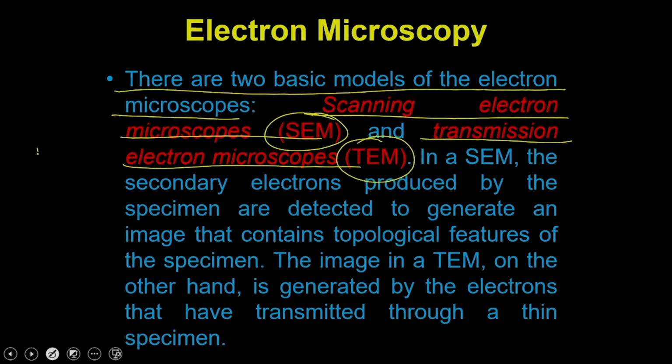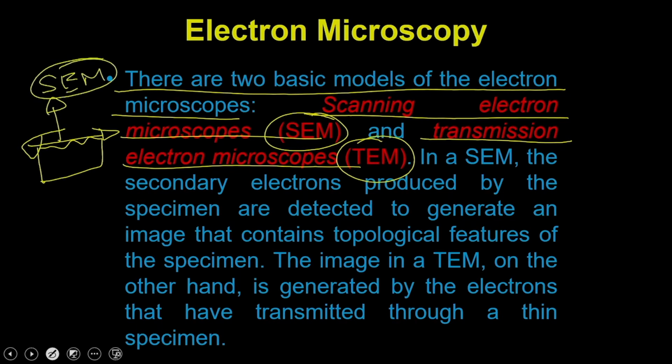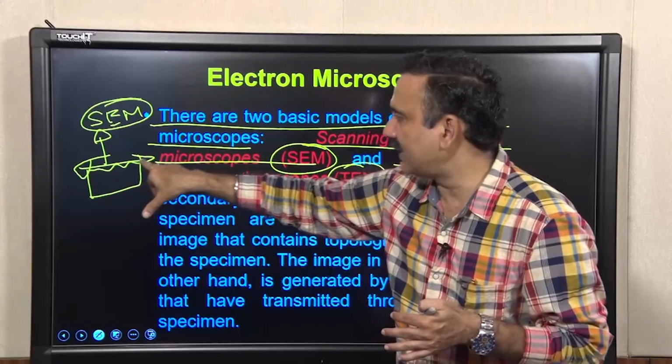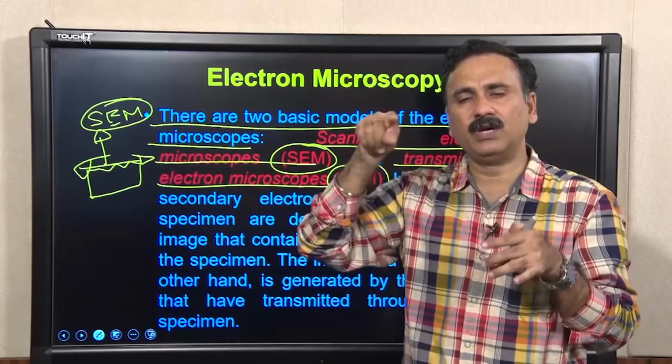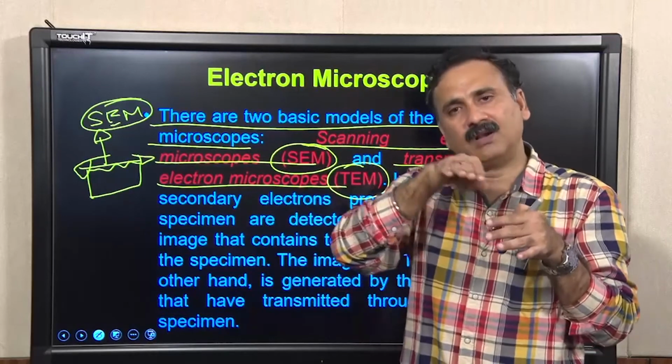So, if you have a sample, there are two things you can observe. One is the surface of the object, which you can do simply by looking at it with the SEM, the scanning electron microscope. The scanning electron microscope, as the name suggests, scans the surface of the object, and that is how it gives you what the surface looks like.